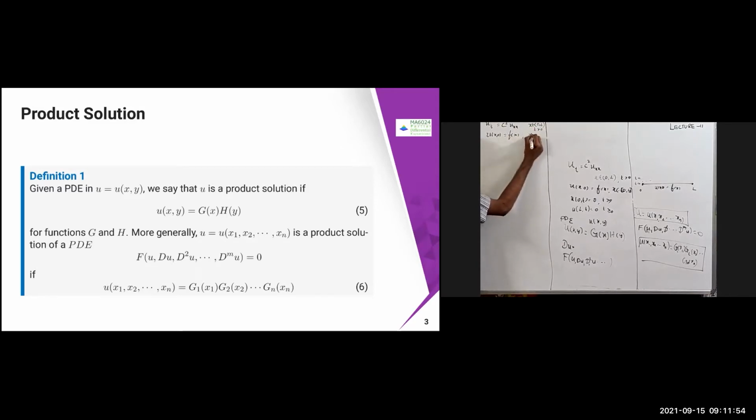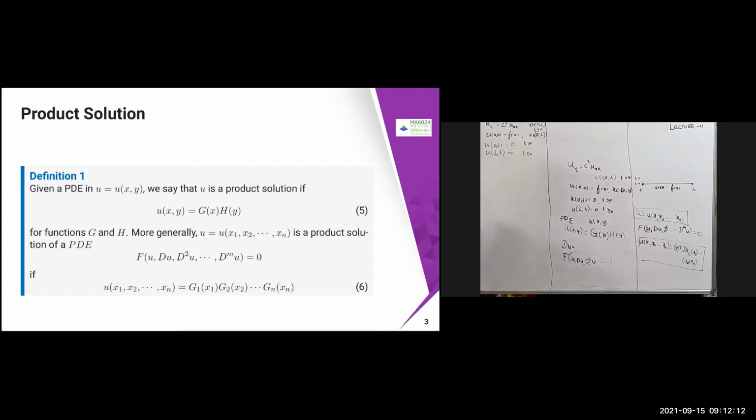And u of 0 comma t equal to 0, u of l comma t equal to 0, where t is greater than or equal to 0.